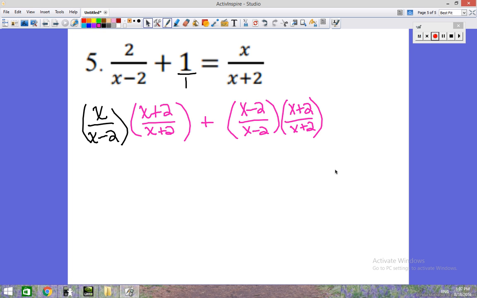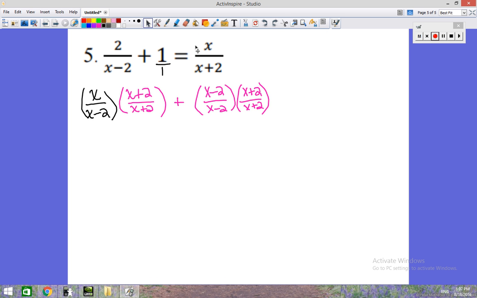So on the left-hand side, we're now good. We've got two fractions, and they both have the same denominator. On the right-hand side, what do we have? We have x over x plus 2, and I am missing a factor of x minus 2.